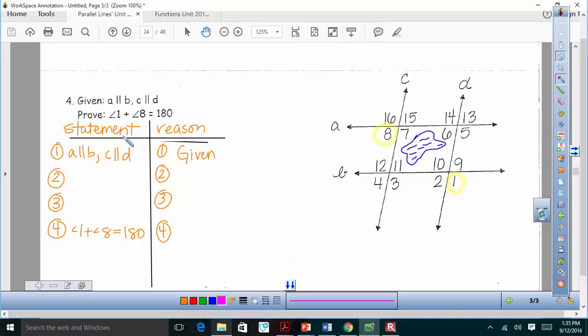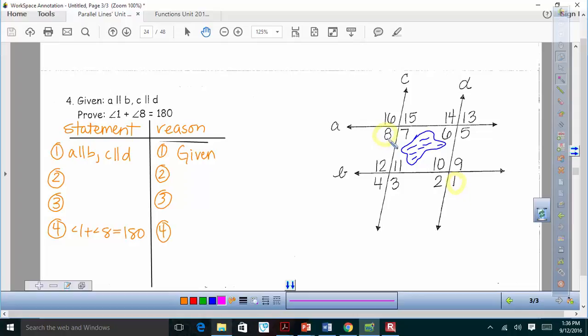Okay, there is not one. 2 is a linear pair, but it's not consecutive. Okay? And remember, we want to work with consecutive versus linear pair. So, can we start with 1 and find a consecutive thing? No. We would want to go to 8.